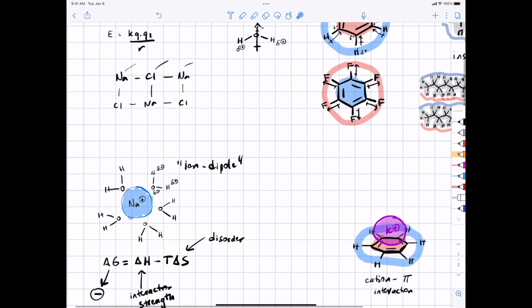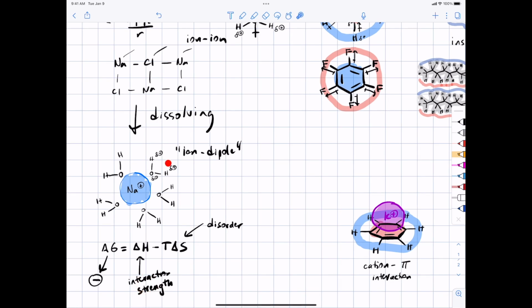So in the case of solid sodium chloride dissolving, it's probably a little bit of both. Probably the ion-dipole interactions compensate for the ion-ion interactions you lose, maybe even more than compensate. So that could be a favorable enthalpy if the interactions you form are stronger than the interactions you lose.